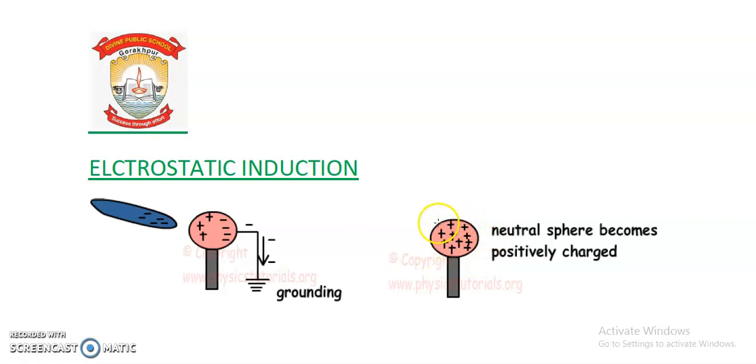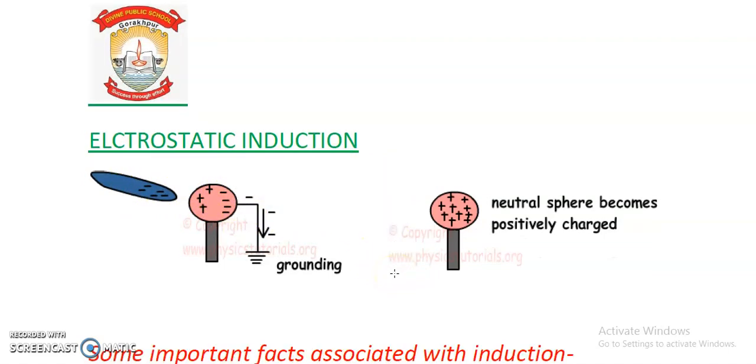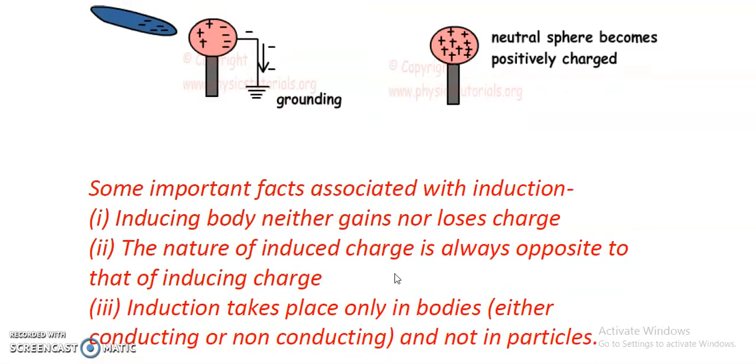This metallic sphere, which was initially uncharged, will now become positively charged. This is the process of electrostatic induction. This method of charging is known as electrostatic induction, because there was no contact between the charged body and uncharged body.